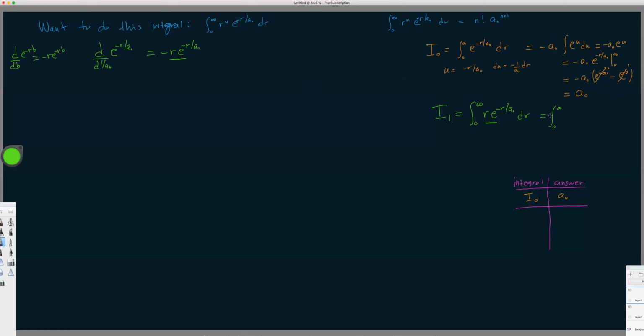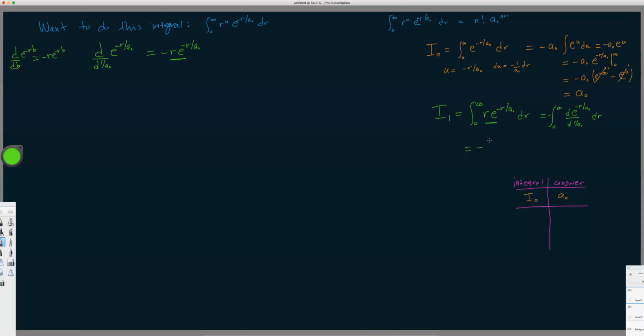I pull the negative sign out, and then we have d e to the minus r over a naught d 1 over a naught dr. And here's the thing: this derivative is with respect to 1 over a naught. It doesn't affect the integral whatsoever, meaning I can pull the derivative outside of the integral sign, because the integral only cares about r.